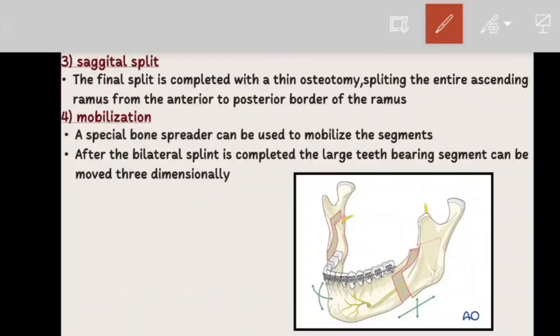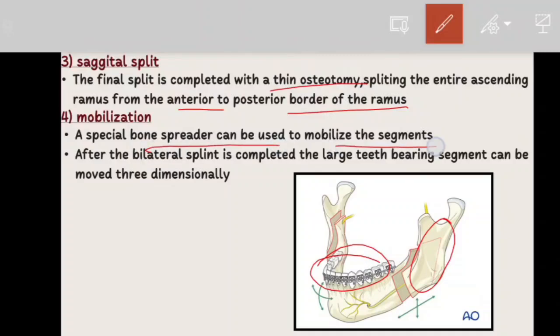Now the next step is the sagittal split. Using a thin osteotome, the ramus is split from the anterior border to the posterior border of the ramus. Now the mandible is divided into the tooth bearing segment and the condylar bearing segment. The fourth step is mobilization. A special bone spreader is used to separate and mobilize these segments.